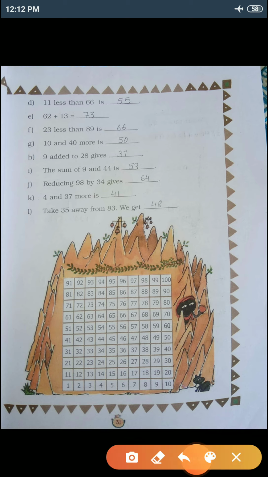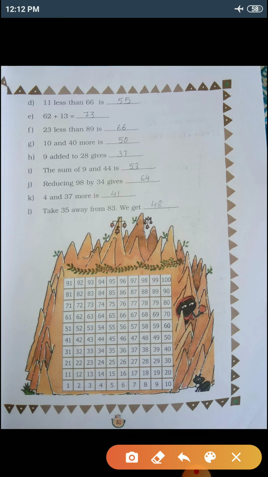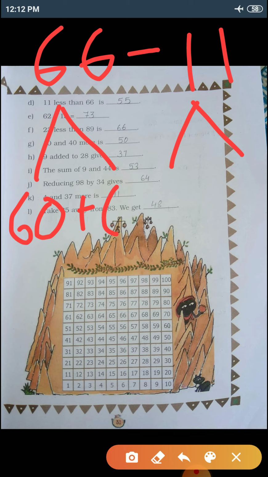So students, let's start question number D. 11 less than 66. Everyone knows that 66 minus 11 is 6 minus 1, 5, and here 6 minus 1, 5, that means 55. But if we use the 10 multiplied by 10 grid method, in that, 66 minus 11. Now split these numbers into the grid, that means 60 plus 6.